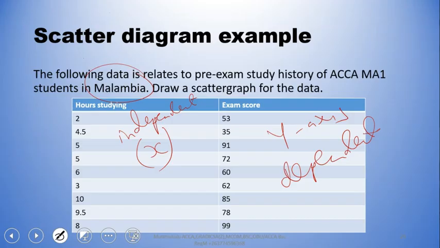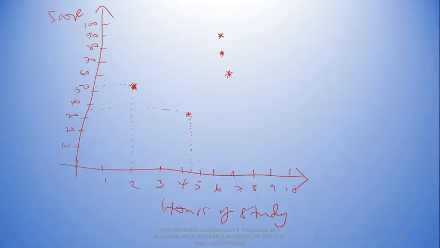Alright, and then 3 hours, you get 62. 3 hours, that's 62. 3 hours here, but this guy ended up getting 62. What a magic.